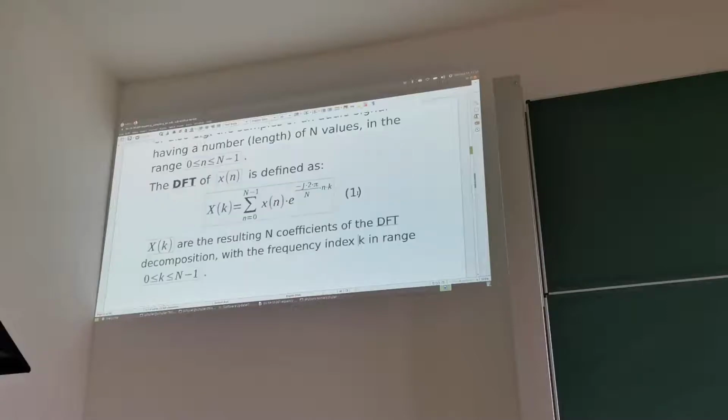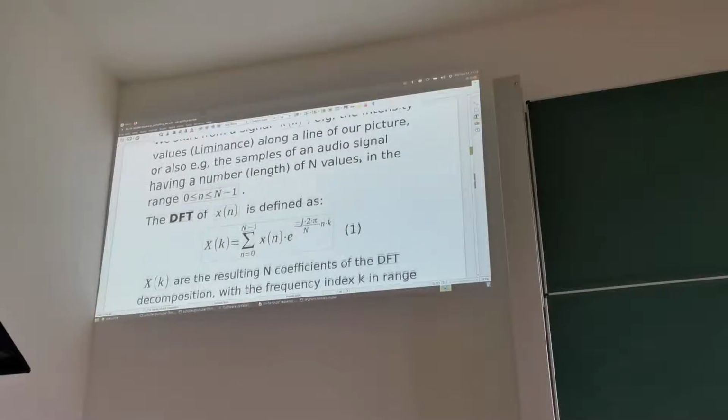So then the DFT is defined as this sum. So we see we have a sum over N values. N is our signal length, for instance, the length of our row or the length of our audio signal.